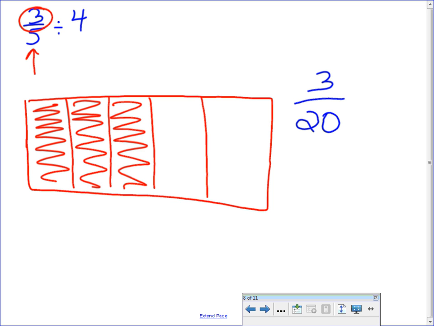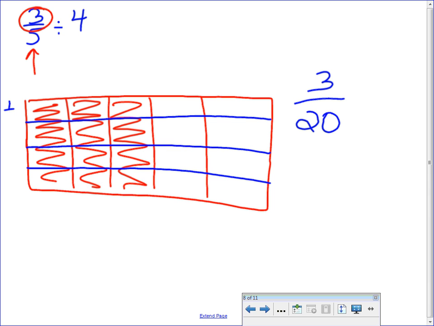I only want a fourth of it. So I'm going to break this into 4 pieces so I don't have the whole thing. I'm going to karate chop it here, karate chop it here, karate chop it here. Because how many pieces are there now? 1/4, 1/4, 1/4, 1/4. So where do these two crisscross? 1/4 of 3/5 is right here.